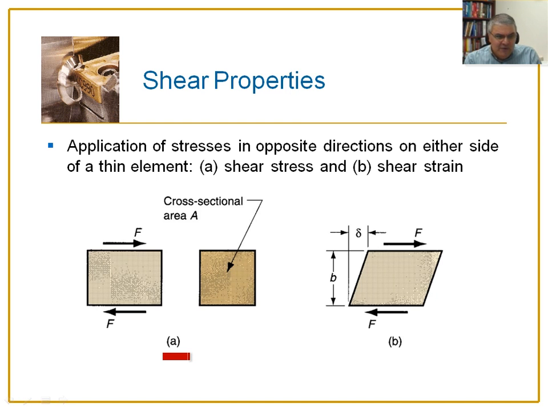It's going to cause both shear stress and shear strain, as shown here in part B. When we apply the shear forces, the material has a tendency to deform, and the deformation of the material is measured from one end. It's shown by delta here, the small Greek letter delta, and of course the width of the material is also measured.